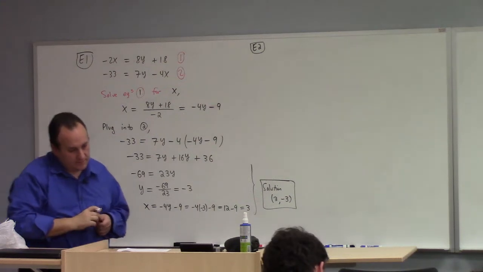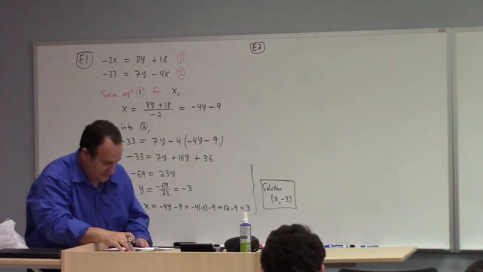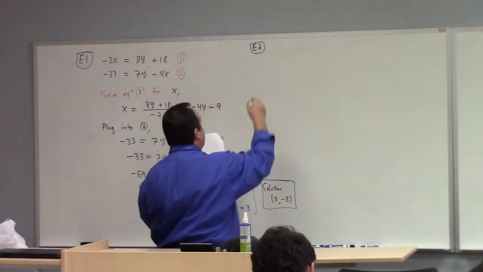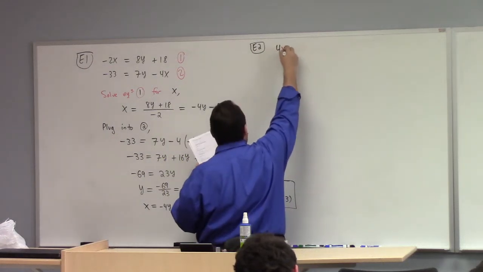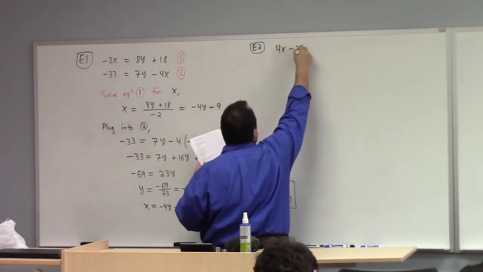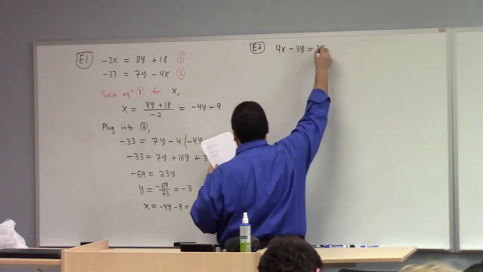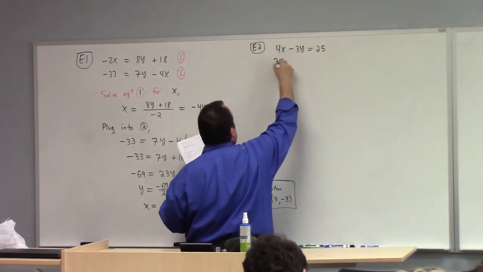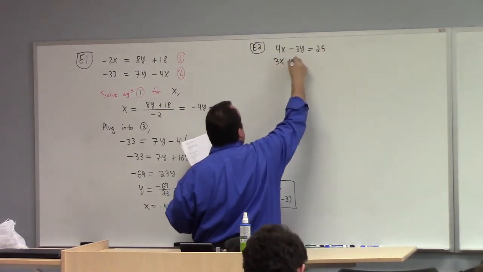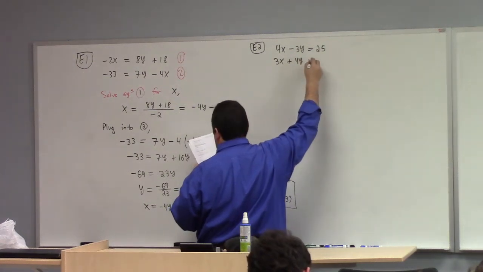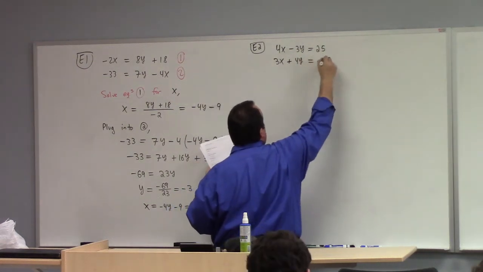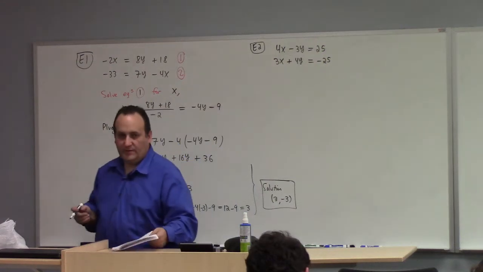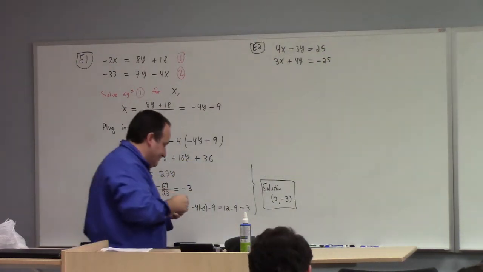Example 2, let us take a gander at 4x minus 3y equals 25, and 3x plus 4y equals minus 25. As is my custom, I'm going to label those equations 1 and 2.